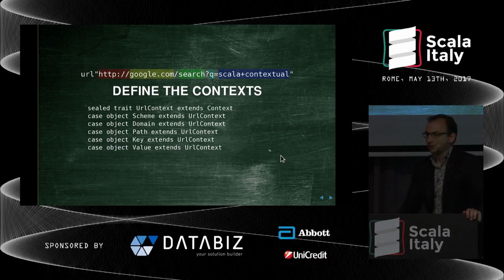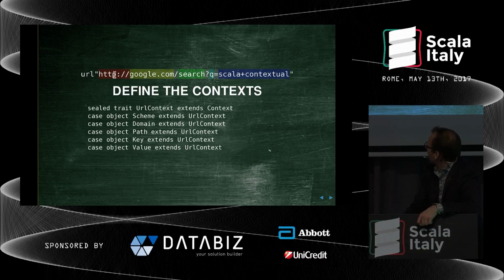So a URL example, this is the sort of thing we would like to be able to parse. I've highlighted in 5 different colors, different contexts. This is the scheme, the domain, the path, one of potentially many keys, you could have further keys back here, and the value.